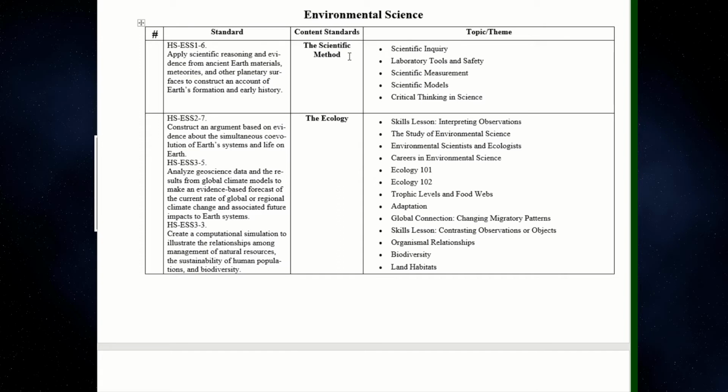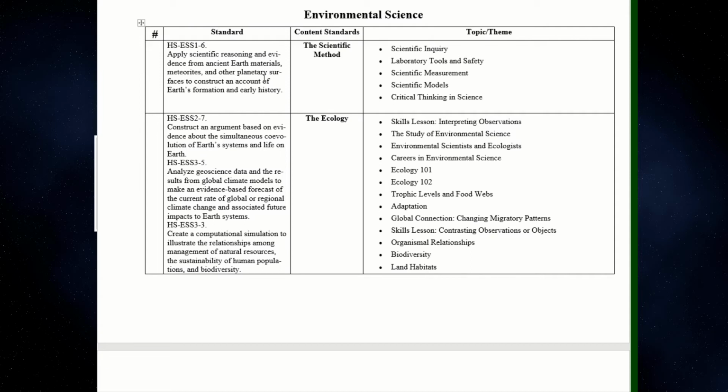In the scientific method, what exactly are you going to teach? You have to go back to the standard. Standards set the benchmark for to what extent you are going to teach. For example, this standard is to apply scientific reasoning and evidence. So you can teach scientific inquiry, laboratory tools and safety, measurement, and scientific models.